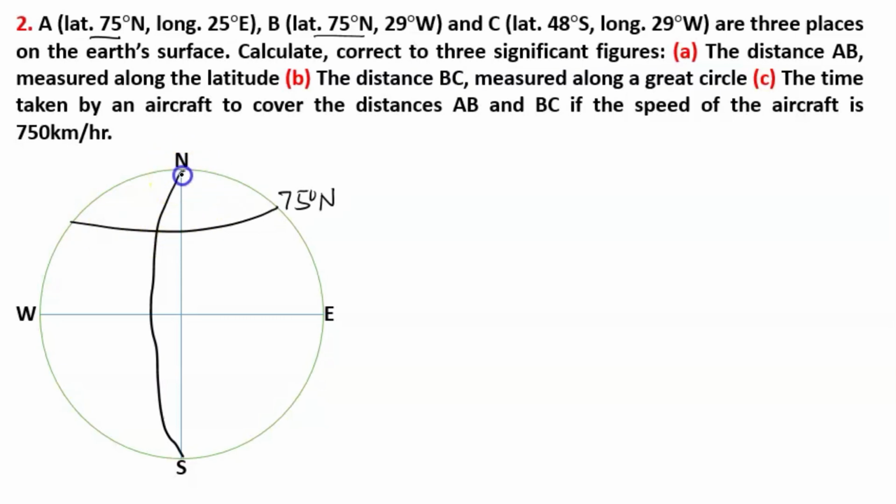So I come to the eastern side and I draw my arc. This location is my point A. To locate point B, it is 29 degrees west. So I'll come to the west direction also, and I have another point here, which is my B.